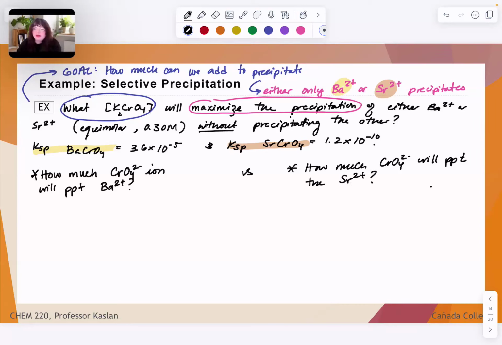In order to do that, I need to consider what is happening at the point of precipitation. If we're talking about precipitating, then we are talking about the scenario where we reach our saturated solution equilibrium.